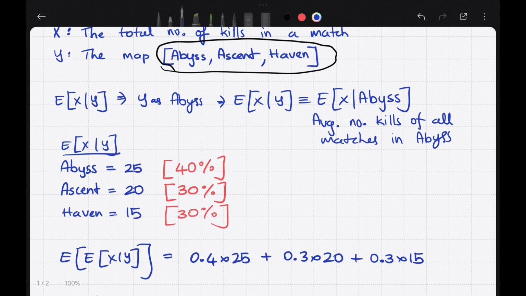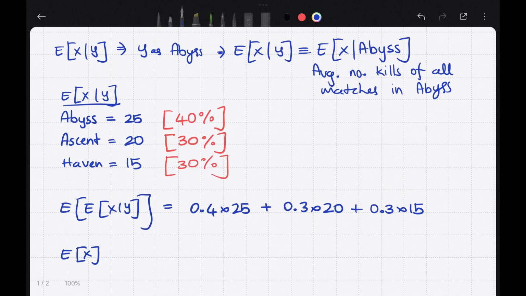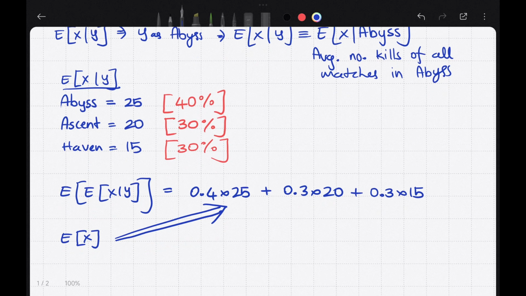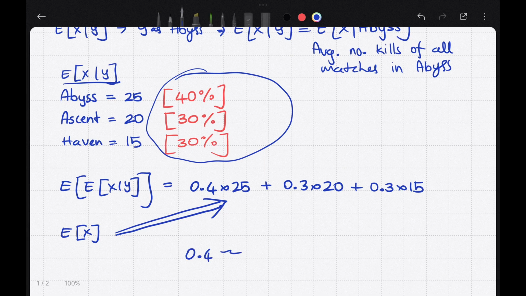So if you look at what E of X should be, that is the average number of kills for the whole game, that will also be this, right? You think about it, because again you have to spend your time on these three maps. So it will be 0.4 times something plus 0.3 times something plus 0.3 times something.